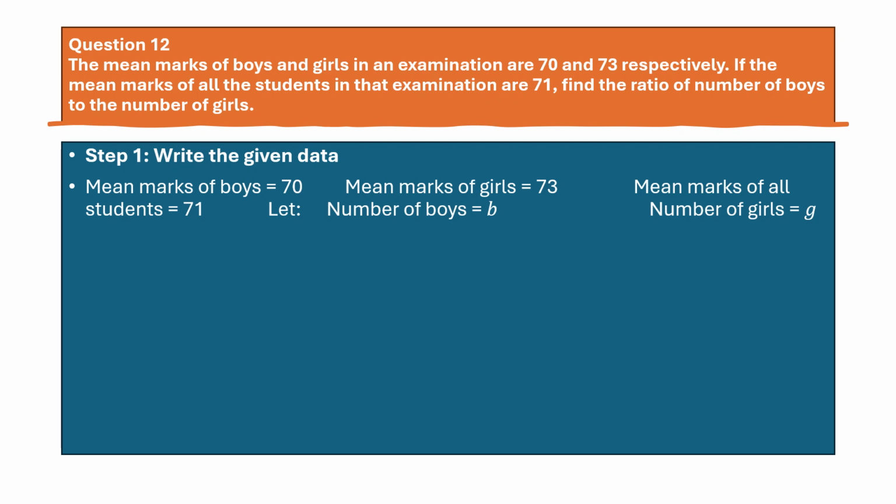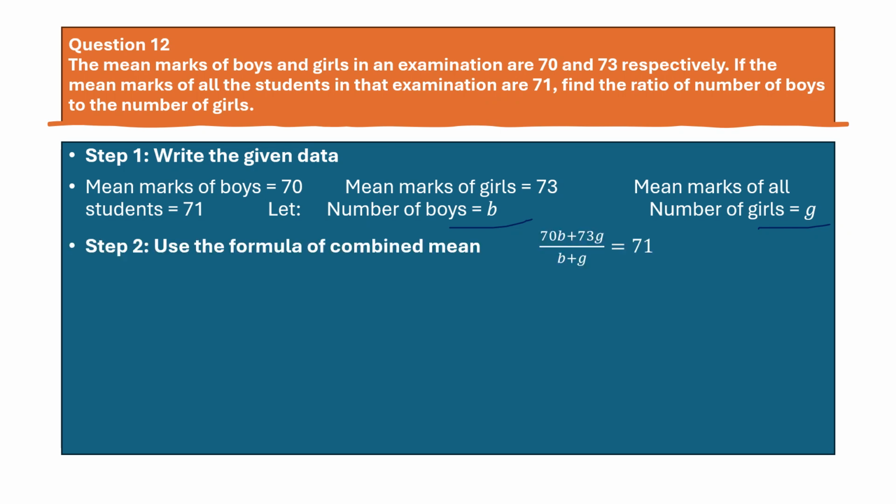In this case we can consider the number of boys as B and the number of girls as G. Using the formula for the combined mean: the mean of boys is 70 and the number of boys is B, so 70 into B gives you 70B.